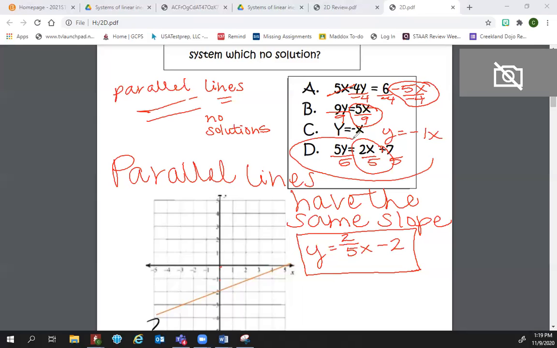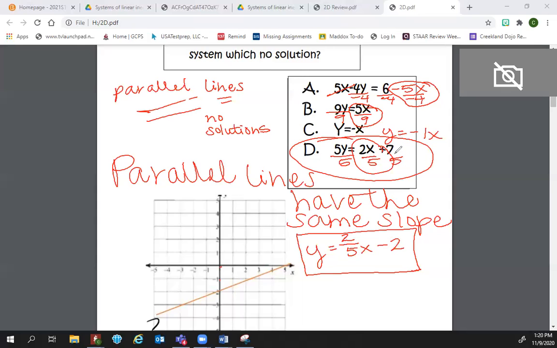D. Okay. It does not matter what the y-intercept is. It says 7/5, right? That does not matter. As long as the slopes are the same, they're parallel. Does that make sense? The slopes have to be the same. Do they have to have the same number? -2 and -2?